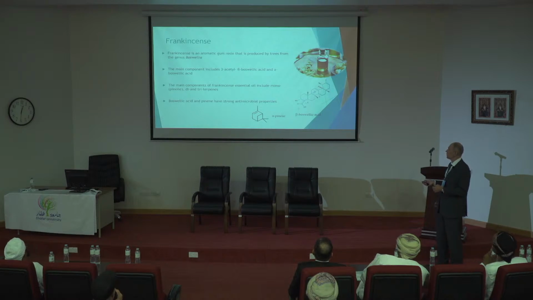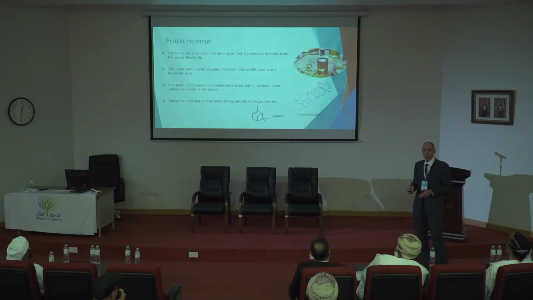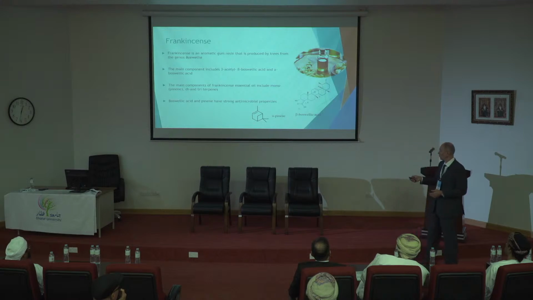In particular, we use frankincense essential oils, which contain a lot of different terpenes. And of course, we have boswellic acid, and monoterpenes such as pinene, which have strong antimicrobial properties. So the idea was to combine chitosan, which already has antimicrobial properties, and enhance these with the addition of frankincense.